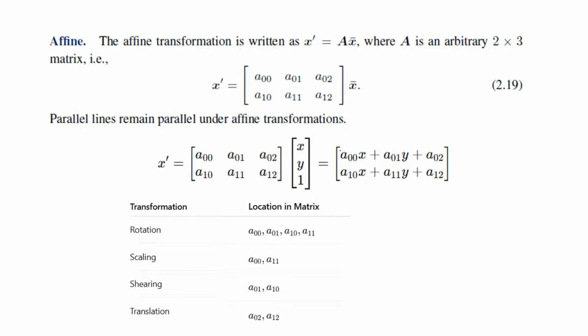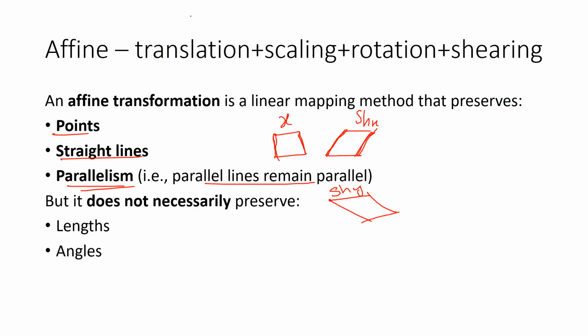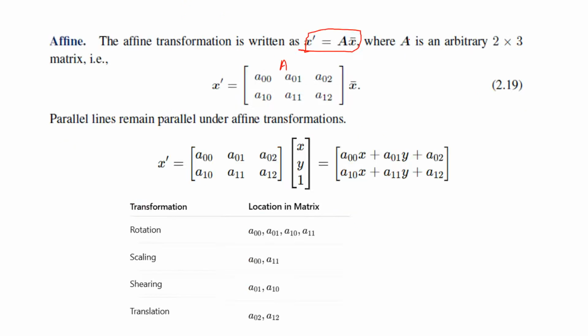So the matrix here is x dash equals A x bar. The matrix A is defined as A00, A01, A02, A10, A11, A12. As I said already, this performs translation, scaling, rotation as well as shearing, right? So we have to represent the coordinates: 0, 1, 2, 0, 1, 1. This represents translation. This entire four-value block represents rotation.